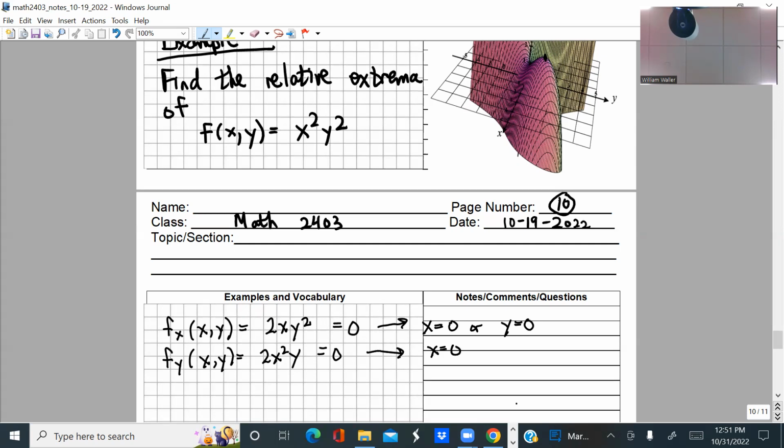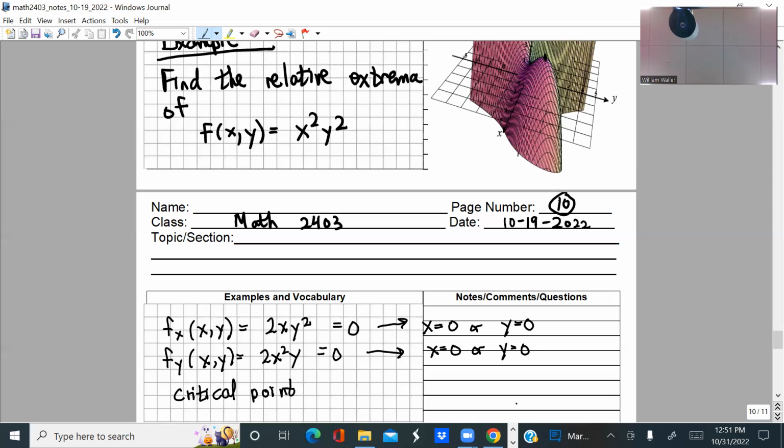But notice it's not x equals 0 and y equals 0. It's either x is 0 or y is 0. So you're going to have a lot of critical points here, not just 0, 0, but a lot more.